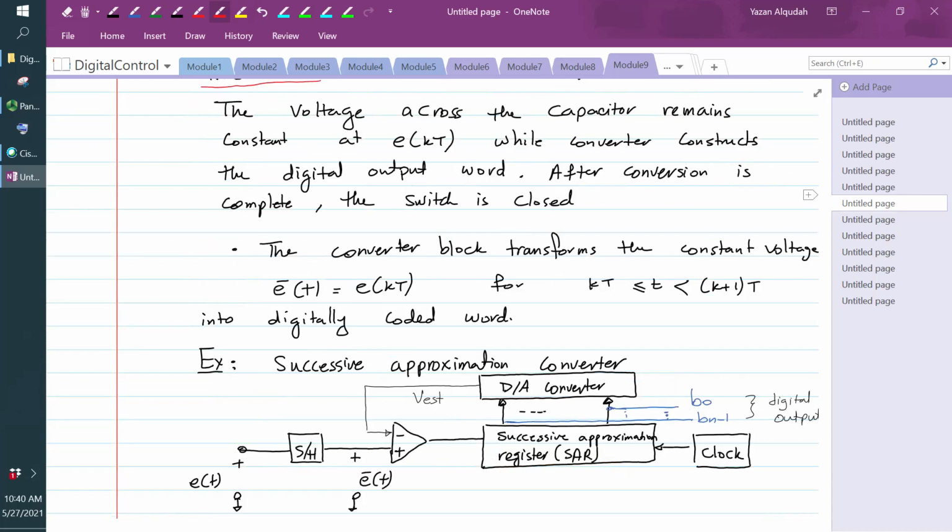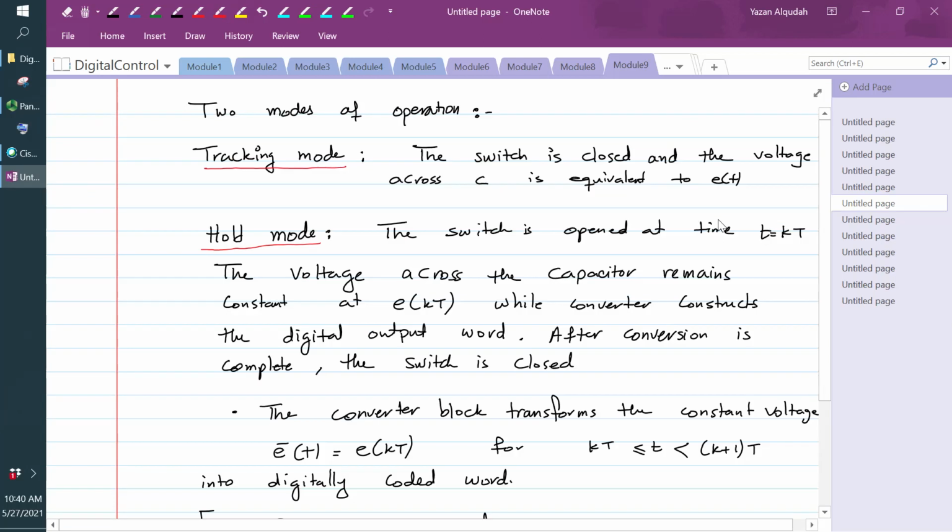So let's look at how this works. Again, we have the two modes, the tracking and the hold. When the switch is closed, we are tracking. When the switch is opened, we are in the hold mode, which means the last value that we had of the input is held at the capacitor and constant to the converter circuit.